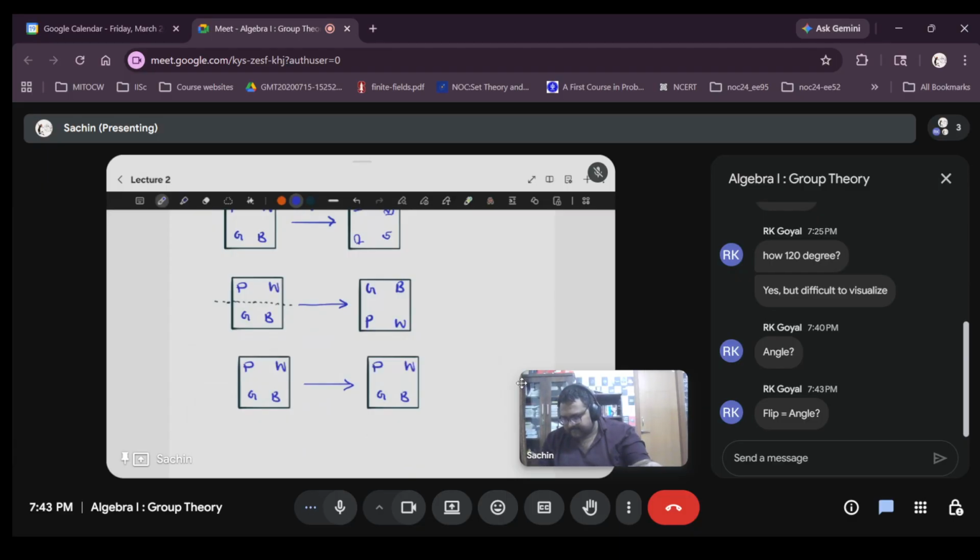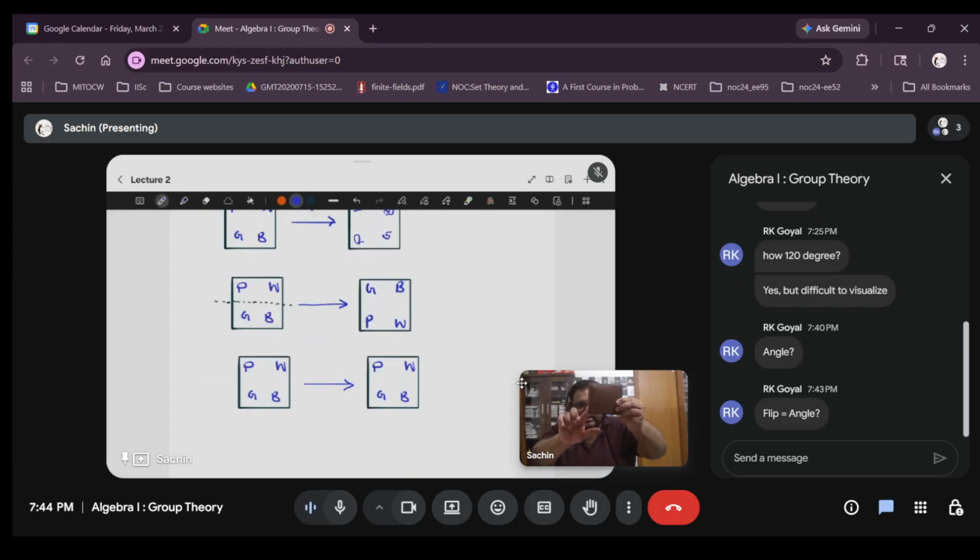This is a rectangle, but assume that this is a square that I have. I'm keeping it in a plane like this, or I can keep it in a plane like this. By rotation, I mean rotating it this way, so the vertices are changing like that. By a flip, I mean changing it this way.